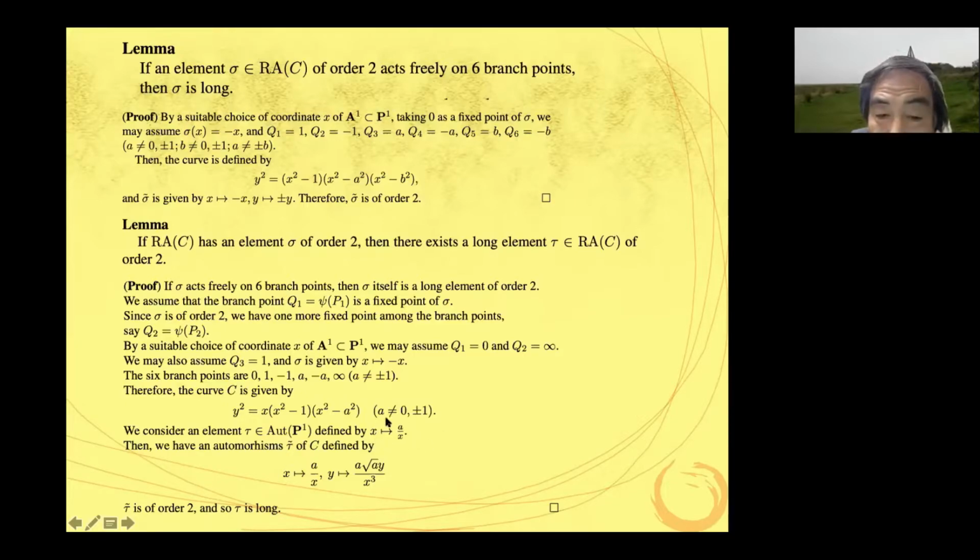Then this belongs to the reduced automorphism group of curve C, and we have an automorphism tilde defined by this. Then this is an automorphism of C, and tau is of order 2. So tau is wrong. So if you have one element of order 2, then we can find a wrong element in the reduced automorphism group of C.